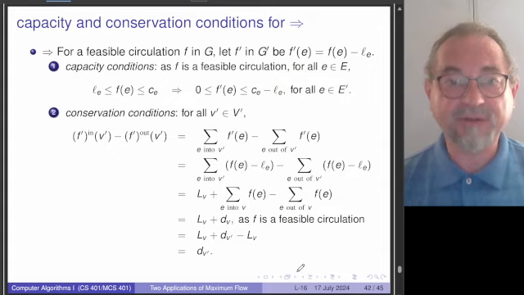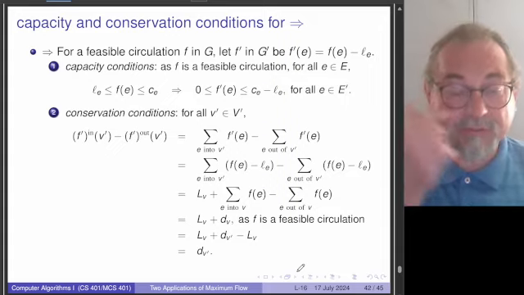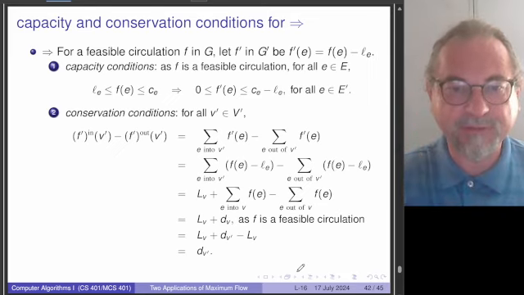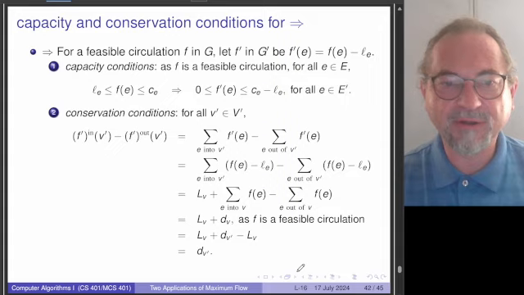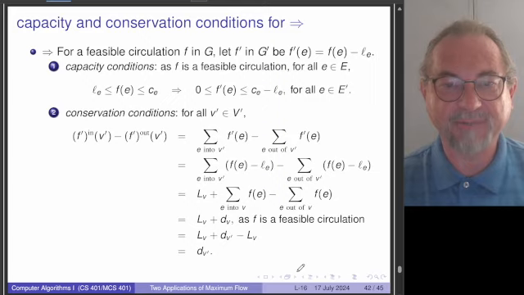The conservation conditions require a little bit more work because it requires this definition of these L sub V. So the new demands that are computed here involve this sum of all the lower capacities.